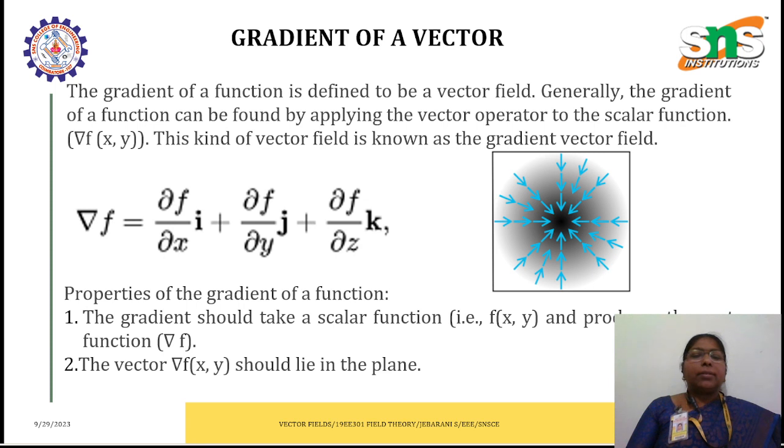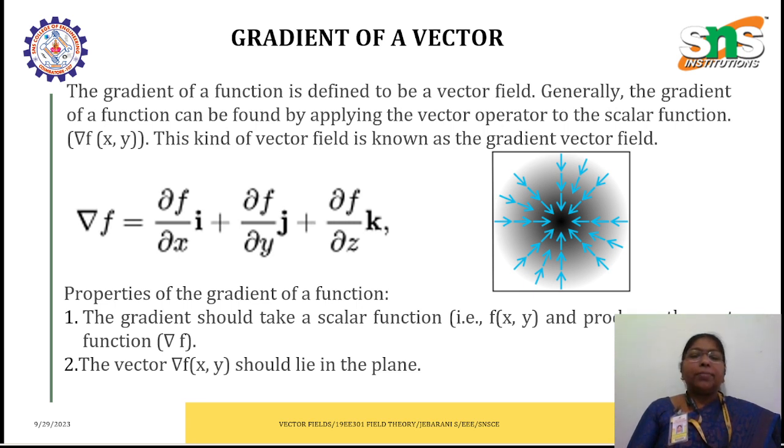And suppose I have a vector like this, F is equal to a component fx, a component fy and a component fz, then automatically del f is equal to dou f by dou x of i vector plus dou f by dou y into j vector plus dou f by dou z into k vector.